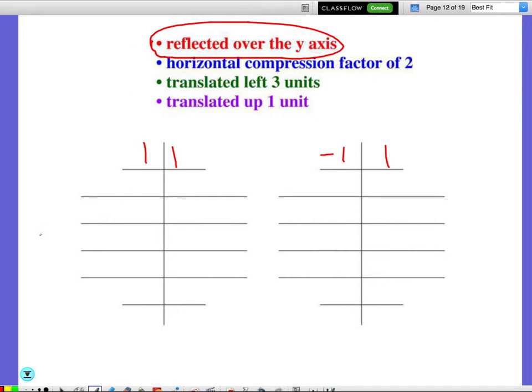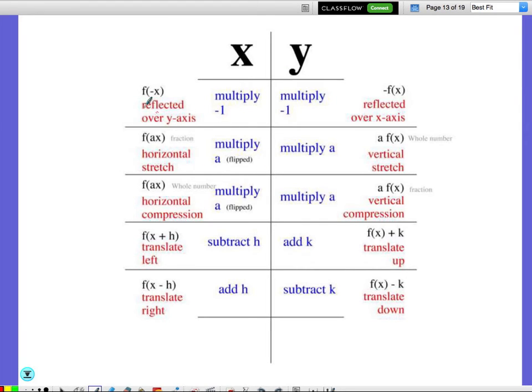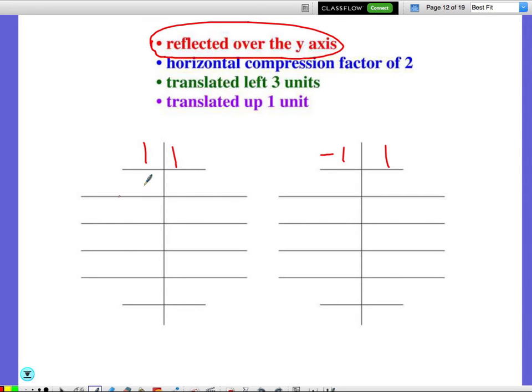Taking a look at my chart, we are reflecting over the y-axis, and the instruction is to multiply by -1. So I'm going to go to my table. Very important, it says to multiply the x coordinate specifically. So on each of these I'm going to multiply by -1 on the x coordinate side.